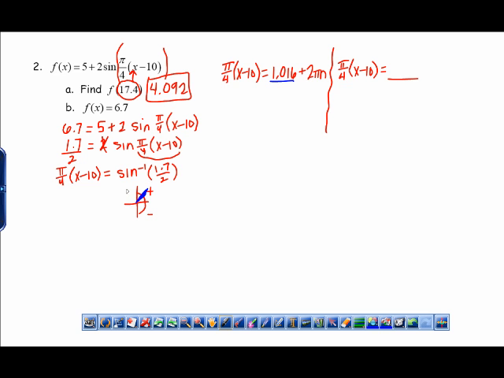All right, now the only other quadrant where sine is positive is quadrant 2. Okay, so let's think about how we would find the value in quadrant 2. Well, if my reference angle, which is actually the same as the principal value in this case, since it's in quadrant 1, 1.016, that's that little angle right there.